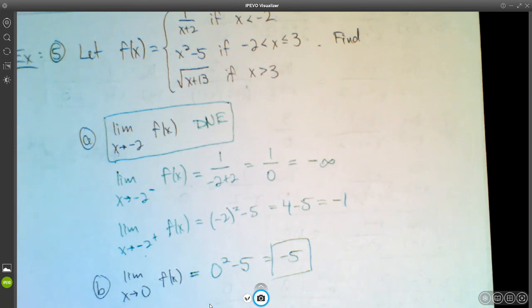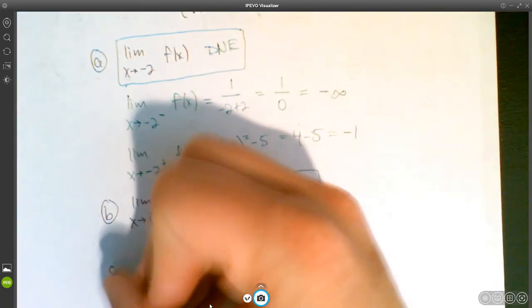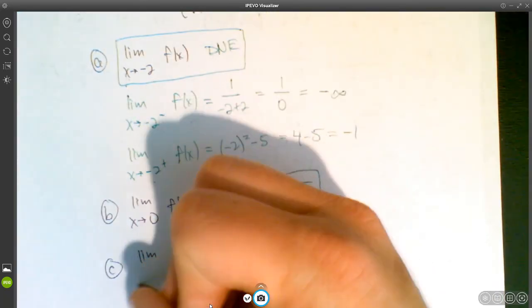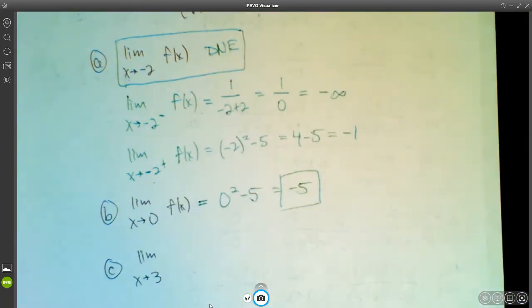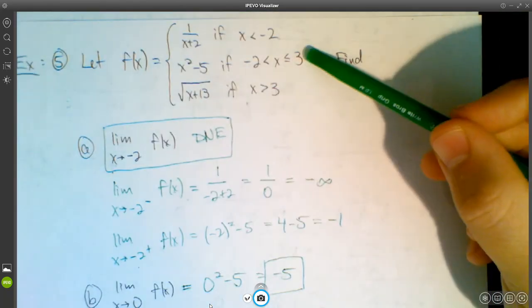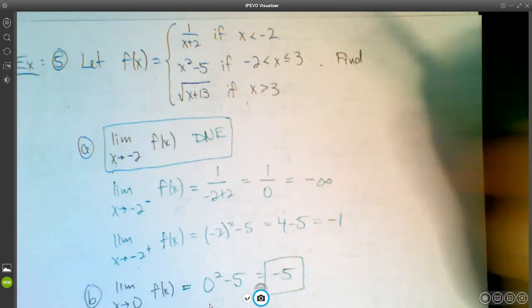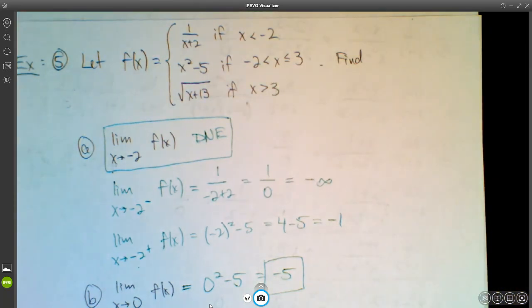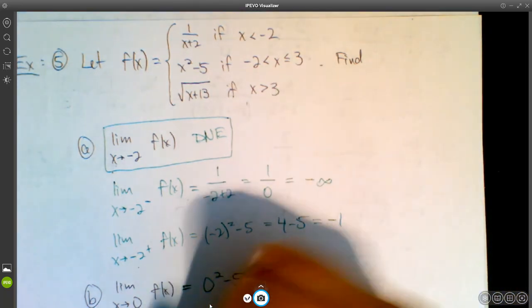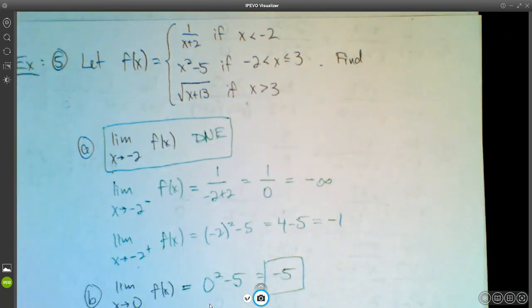Part C, let's find the limit as x approaches 3. Now this is a place where the function does change rules, right? It changes rules at x equals 3. So we have to be a little more careful.